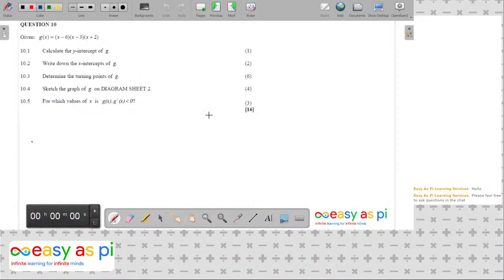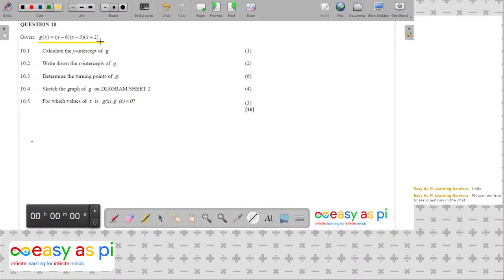So now we're going to go to a question, and we're going to underline the key information. You're given some function g(x) = (x − 6)(x − 3)(x + 2). If we multiply this out, the highest power should be x³.